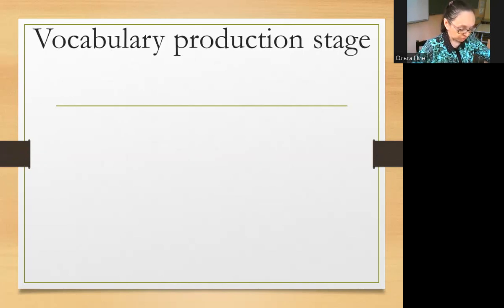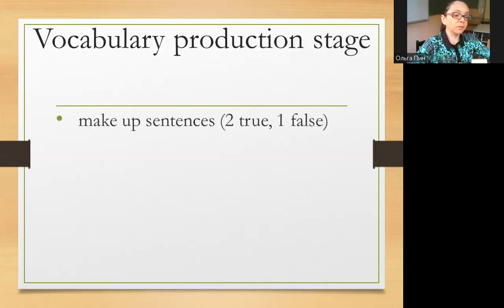Then production stage. What exercises can we use in production stage? Of course, making up sentences, but to make it more communicative, I usually say make up 3 sentences using 3 of the keywords, 2 true, 1 false. Tell them to your partner, and your partner has to guess which one sentence is false.